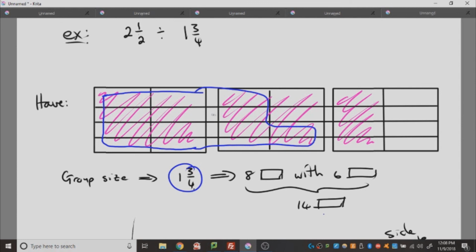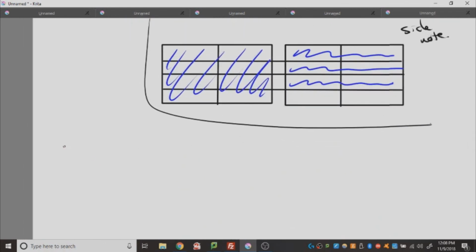Oops, that was a little too high. Once. Is that 14? Yeah. And then clearly I don't have a lot left. Definitely not 14. So I can only fit this group in once. So let's write that down. That can fit into what we have one time.